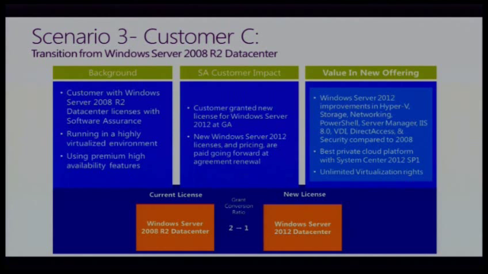In this last scenario, a customer with active software assurance on their Windows Server 2008 R2 Datacenter licenses is running a highly virtualized environment taking advantage of the premium high availability features of the product.